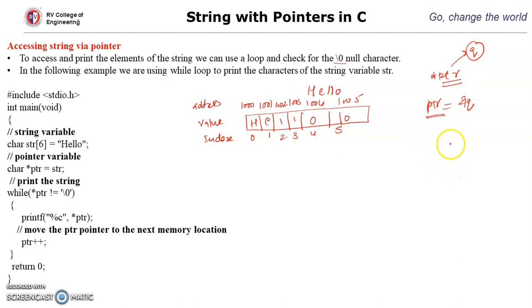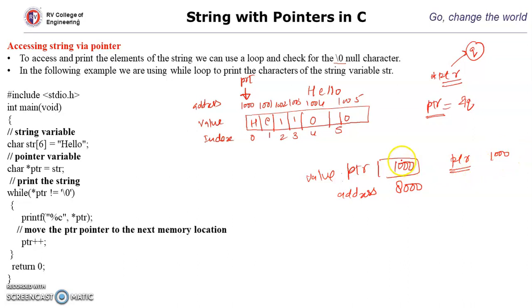Like in the previous slide we have seen, this ptr will be pointing to this. So the value of ptr will be 1000, the address of this, and the address of the pointer is 8000. So this is value, and this is address. Okay. So if I print ptr, it will give me 1000.